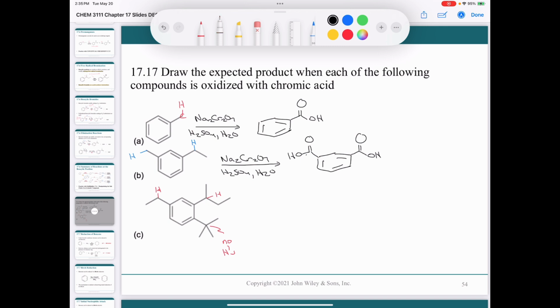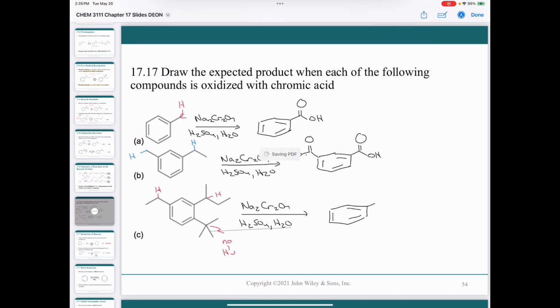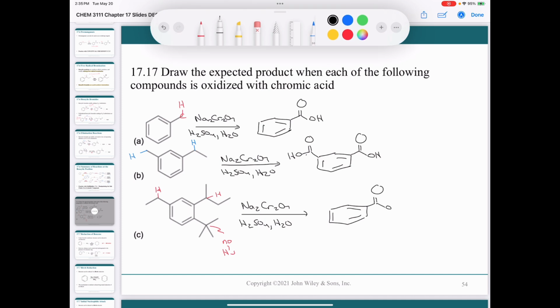And so when we take this compound and treat it with our sodium dichromate, you can practice writing this out, we're going to end up with a dicarboxylic acid. So we're going to have a carboxyl group in this position and in this position. But the tert-butyl group is going to remain intact and it will be unoxidized.